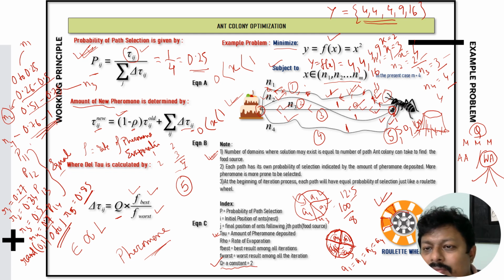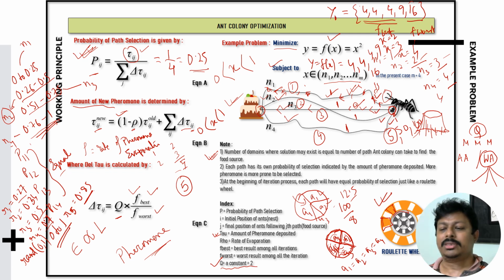So these three 4s are the ideal solution after iteration 1. So these 3 are the best. This 16 is the worst because it is the maximum value. Among 4, 4, 4, 9, 16, the maximum is 16. So this will be the worst. This is the situation for Y1, the first iteration.